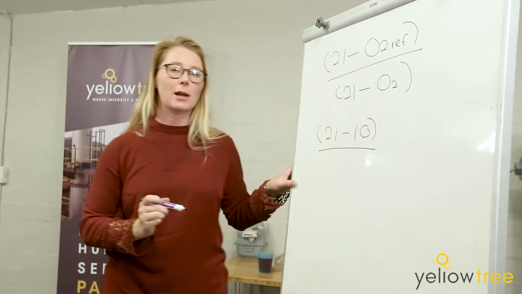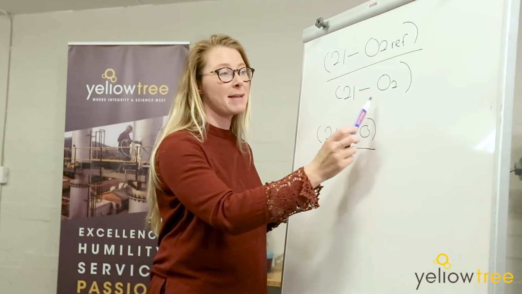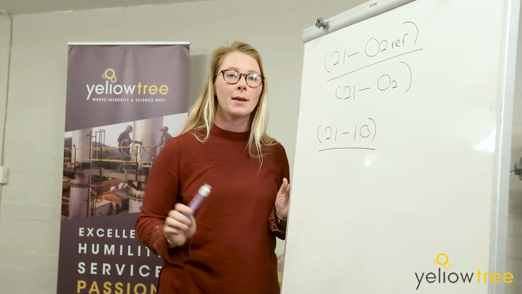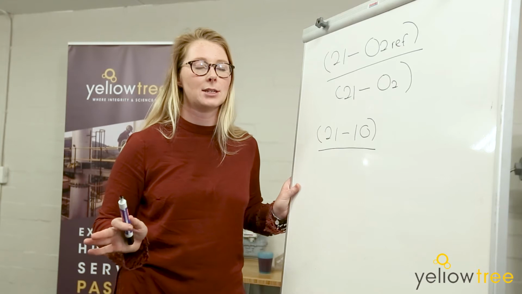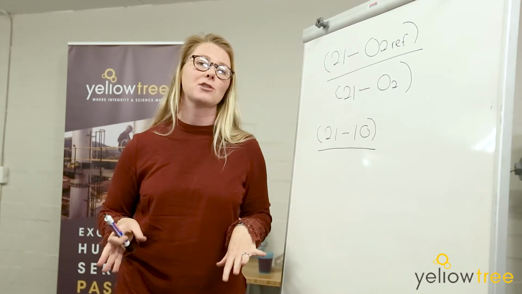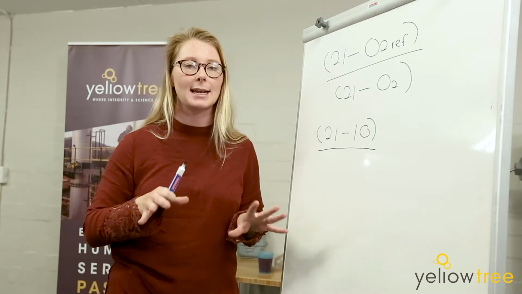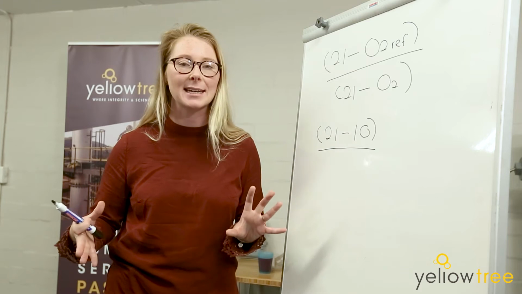The bottom of this equation needs the oxygen concentration that is measured in the stack inserted. Keep in mind that ambient air contains 21% oxygen, and 10% is the typical oxygen concentration that you would expect directly downstream of a coal-fired boiler before any ambient air has been added.